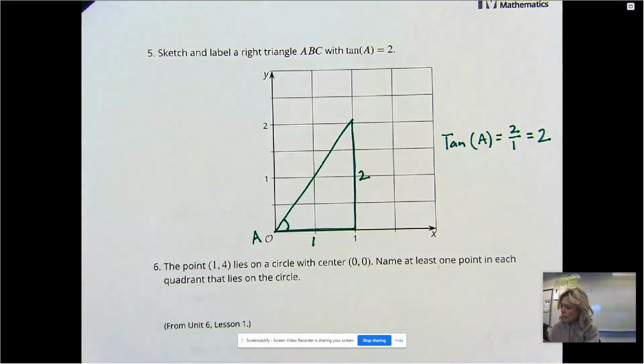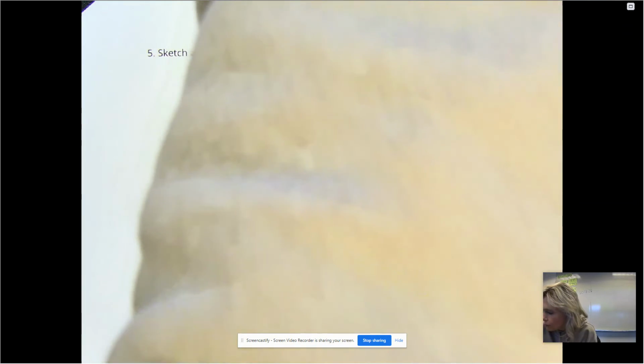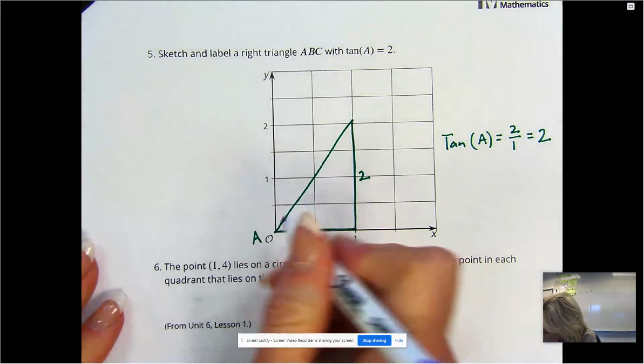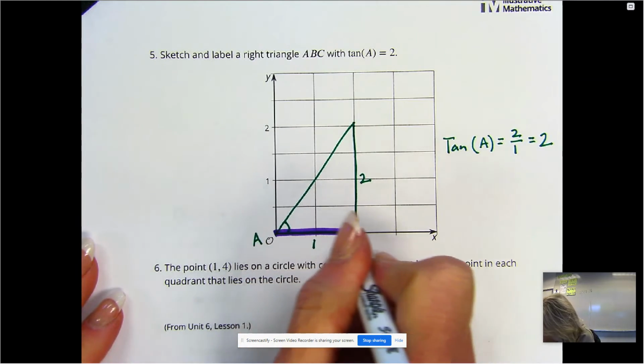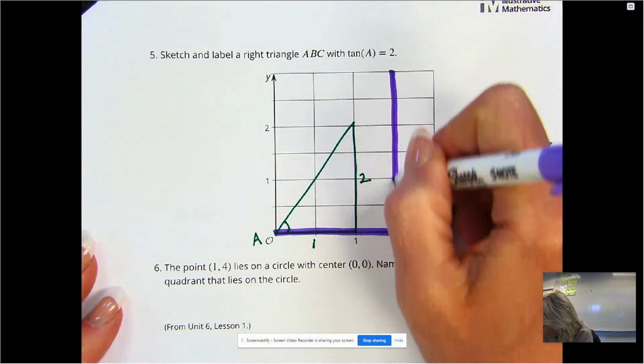So maybe I could say, well, probably not yellow. I'm looking for a different marker. Here we go. What about this one? If this is 1.5 and this is 3.